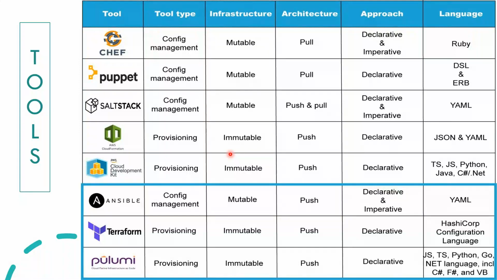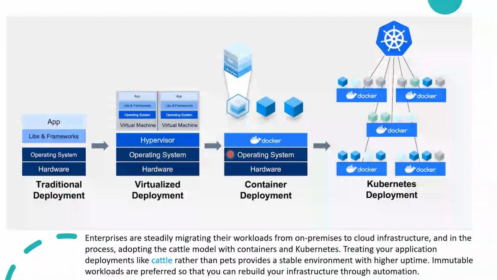So the industry has got a lot of enhancements. Enterprises have migrated from monolithic traditional applications to microservices on container platforms managed using Docker and Kubernetes now. So things have evolved a lot.